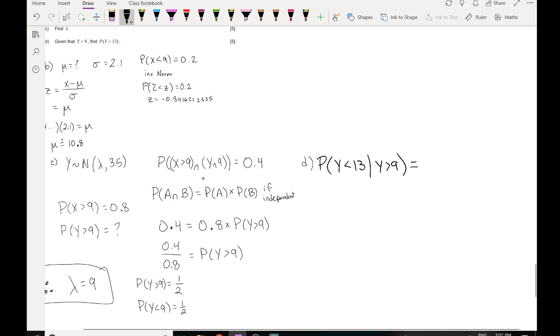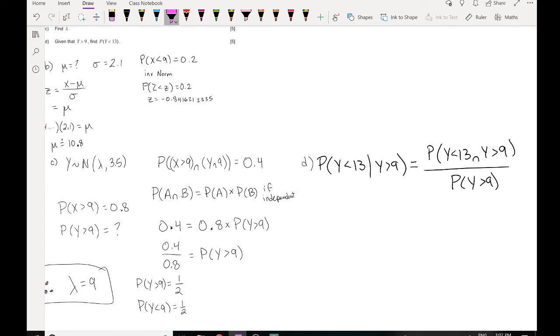I don't know. All right, so this would be the probability that y is less than 13 and y is greater than 9, divided by the probability that y is greater than 9. So I'm just using my formula for dependent probabilities here with this notation that we use for random variables.